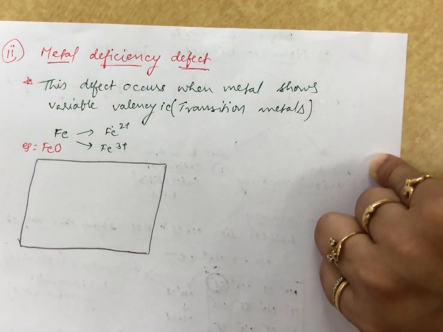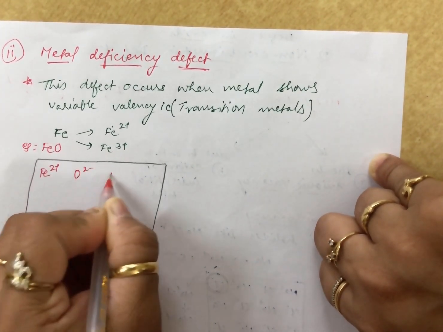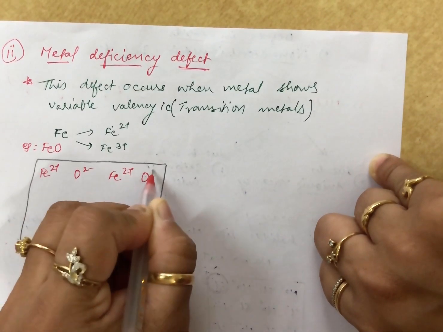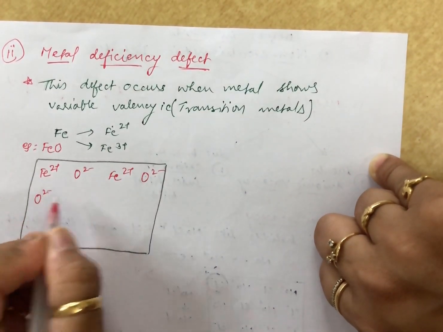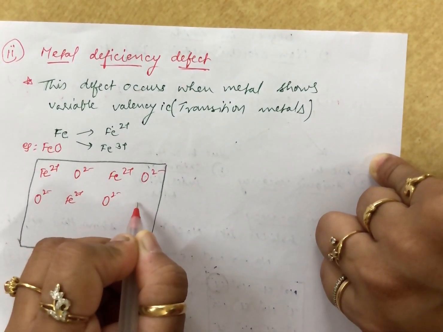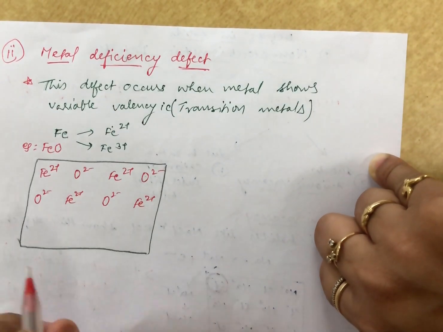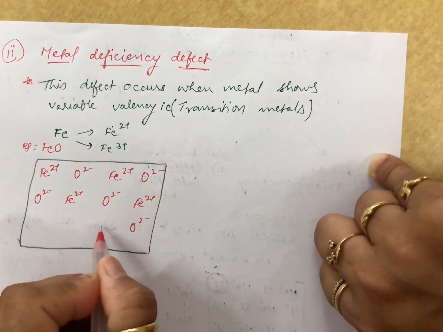Now in a crystal of FeO, you will see that you have Fe2 plus, O2 minus, Fe2 plus, O2 minus. Okay, now if you continue like this, in this case of defect, it is said that your cation here will be missing.